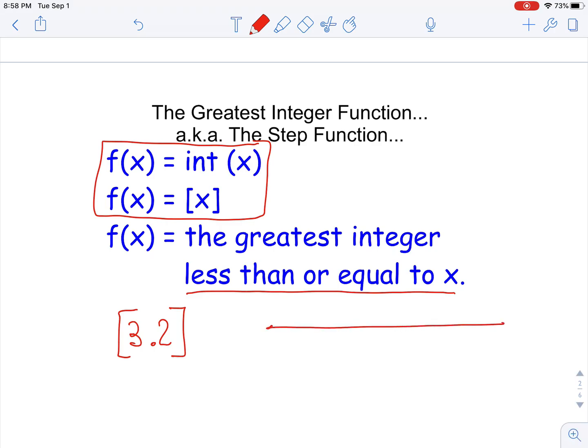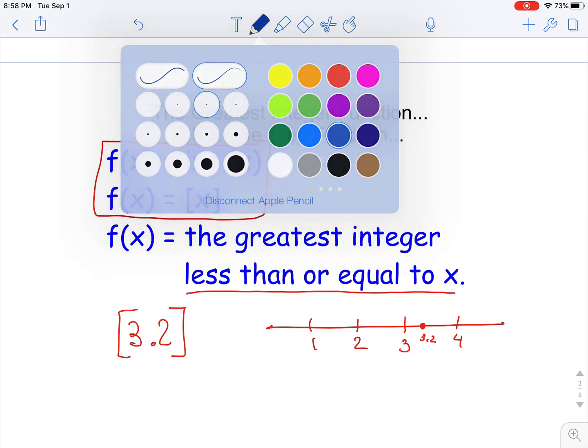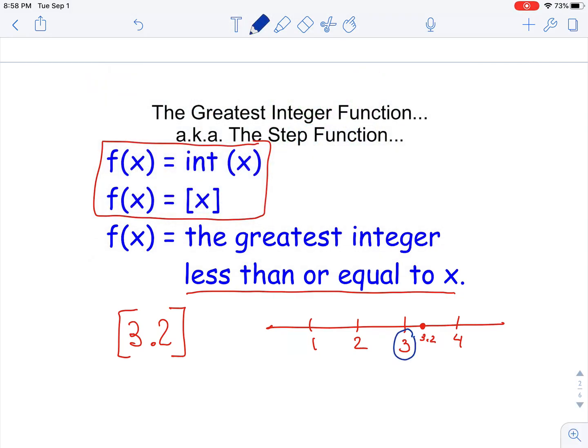If you think about it on a number line, 1, 2, 3, 4, 3.2 would fall right about there. So what is the largest integer before we hit 3.2? Well, that largest integer is going to have to be this 3. So the greatest integer of 3.2 is actually 3.